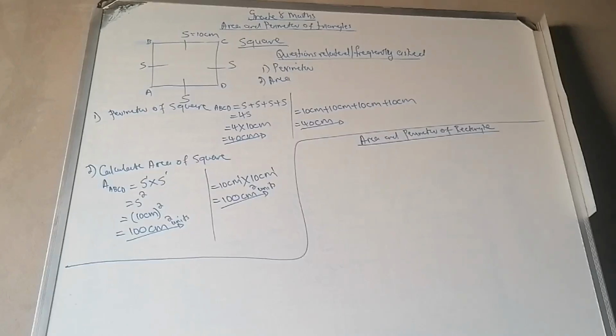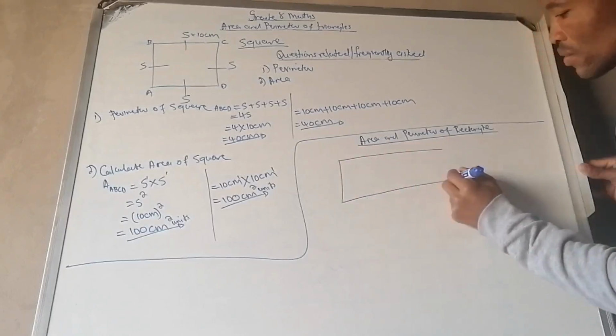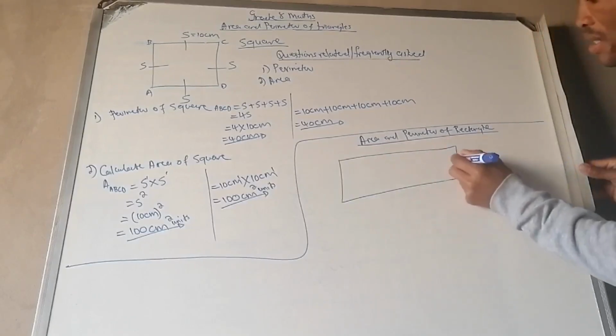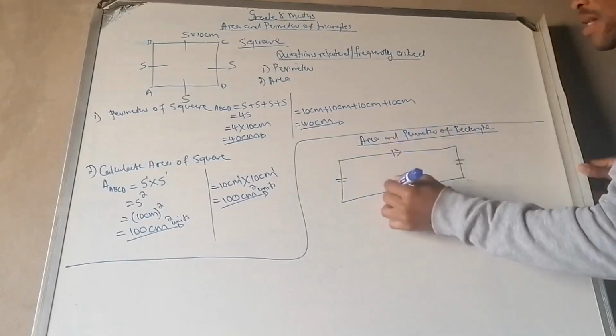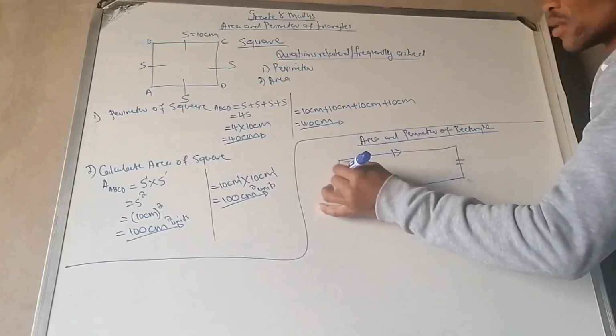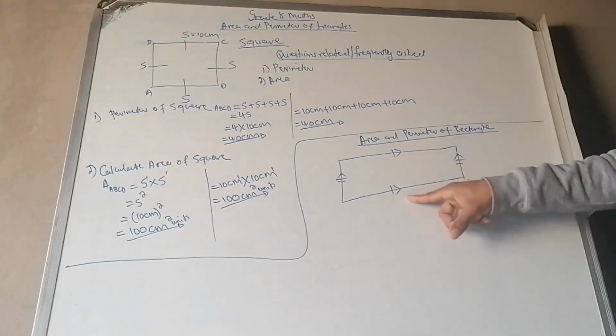How do you see that this is a rectangle? Right, a rectangle is so: this side is equal to that side, and this side is equal to this side.